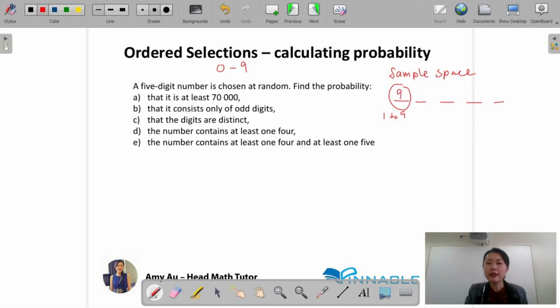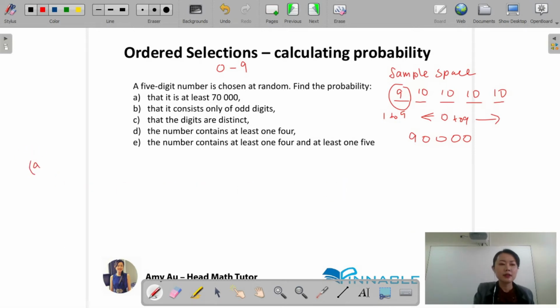There are only 9 ways to fill out that first digit. Then after that, it's 0 to 9 for the remaining digits. So 10, 10, 10, 10. Okay, so 90,000 is your sample space. All right, A, we want it to be at least 70,000. 1, 2, 3, 4, 5. The first digit has to be 7, 8, 9 for it to be above 70,000.